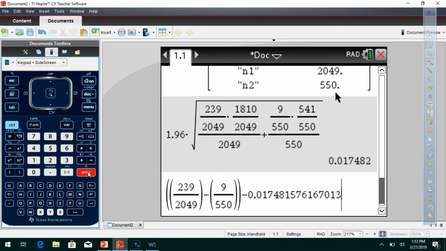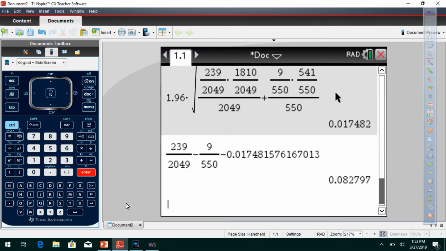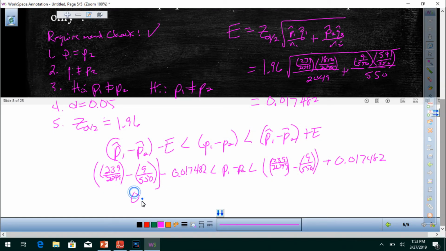All right, so that's going to give me 0.082797. I'm going to write this as 0.0828 is less than p sub 1 minus p sub 2.